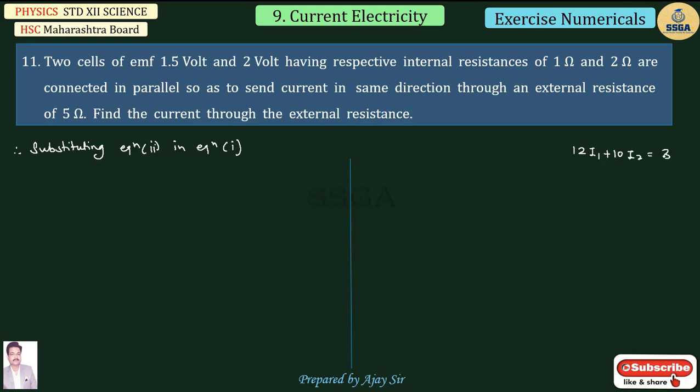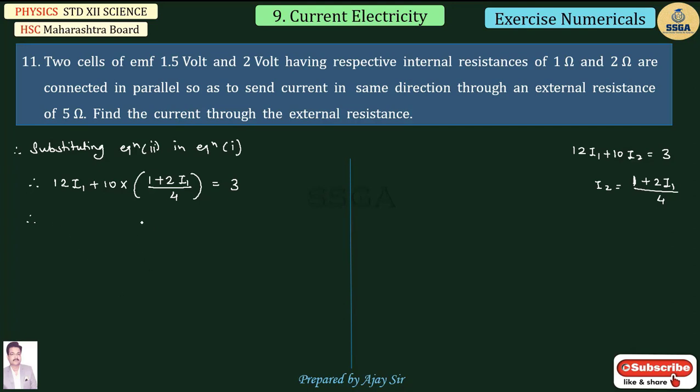And equation 2 is I2 equal to (1 plus 2 I1) divided by 4. So let us substitute this I2 in equation 1. After substituting, this is 12 into I1 plus 10 into (1 plus twice I1) divided by 4, is equal to 3. Now let us solve this and find out I1 and I2.